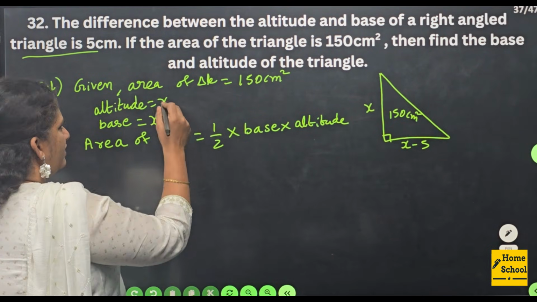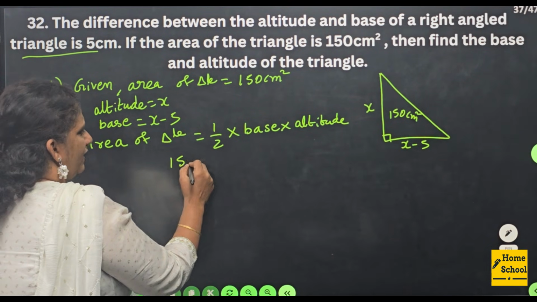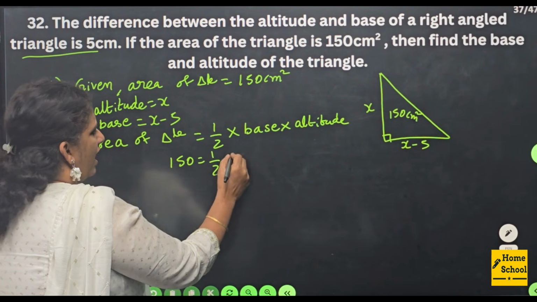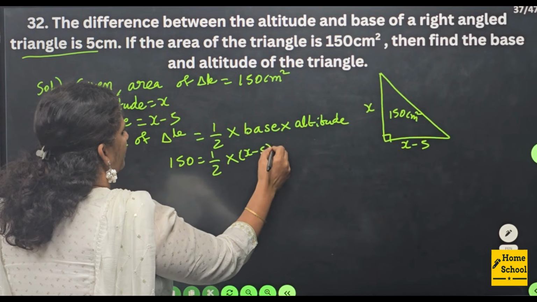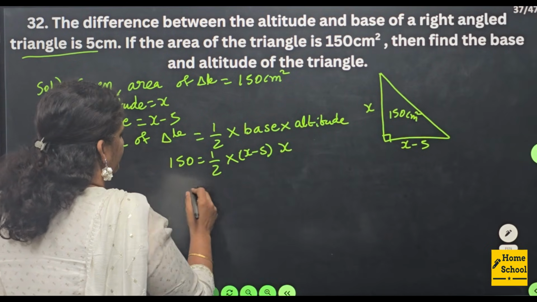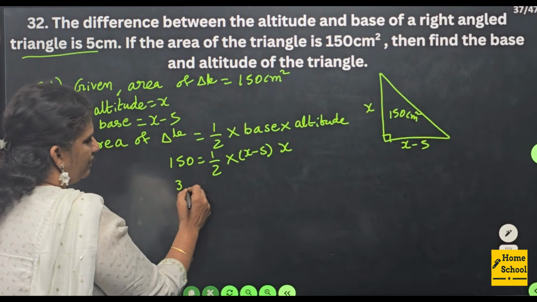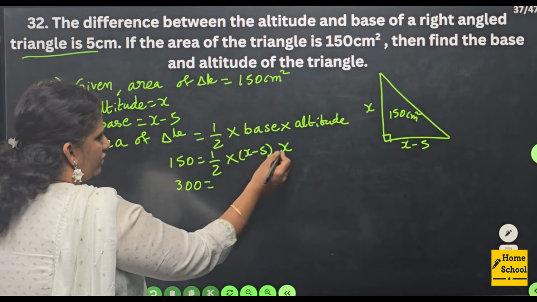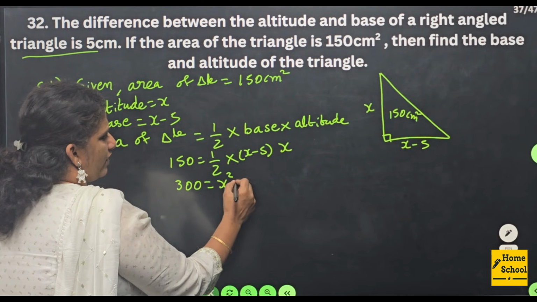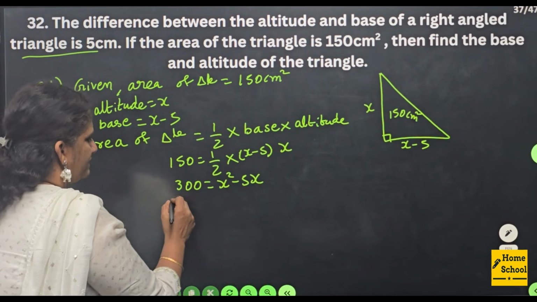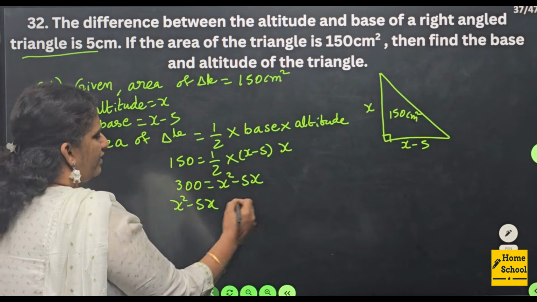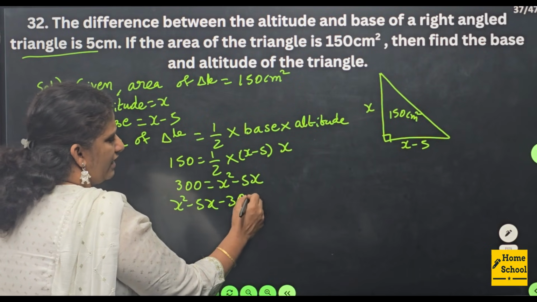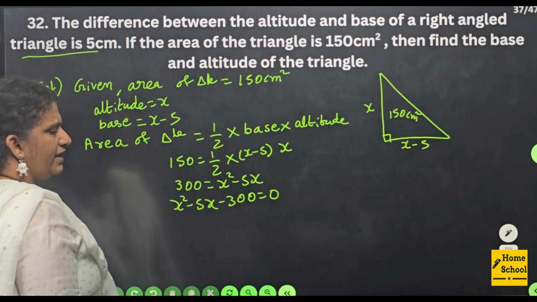Area of a triangle is given, 150 is equal to half into base x minus 5 into altitude x. To bring this side, 300 is equal to x square minus 5x. x square minus 5x, 300 send other side, minus 300 is equal to 0.